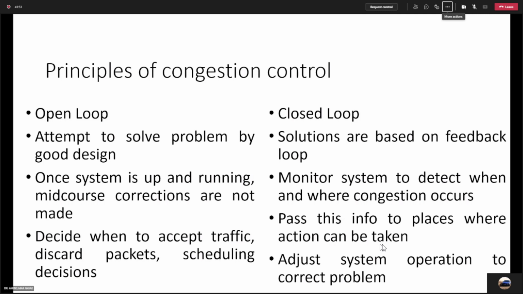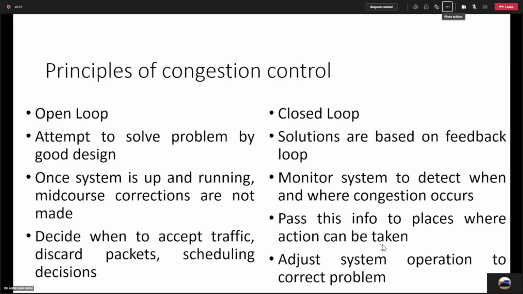Open loop algorithm is a type of preventive algorithm. It tries to prevent the congestion. In closed loop algorithm, it will allow the congestion to occur in the topology, and then nodes will provide the feedback.